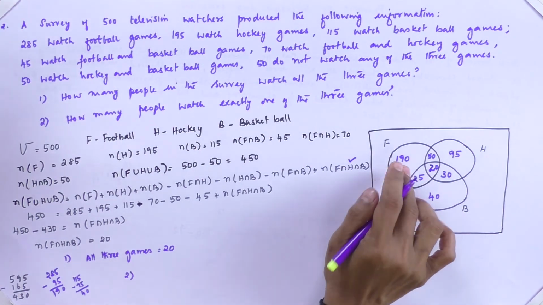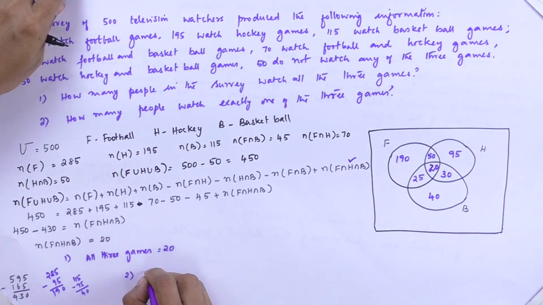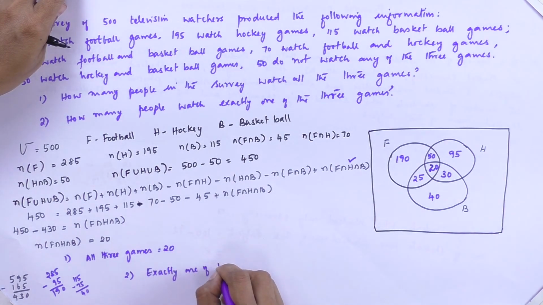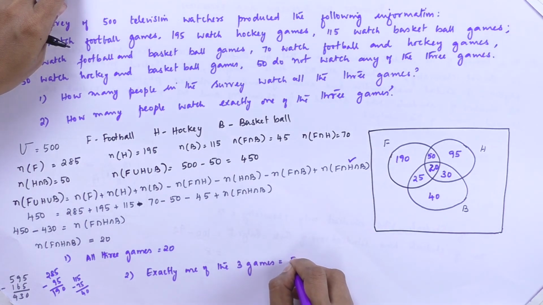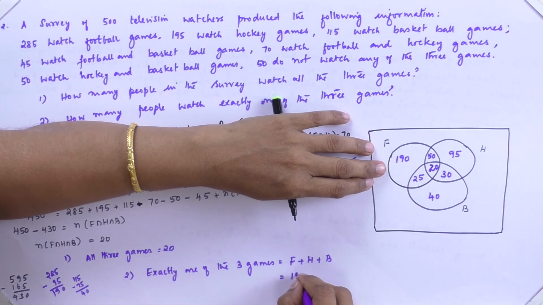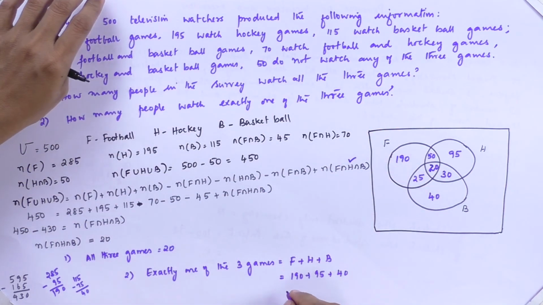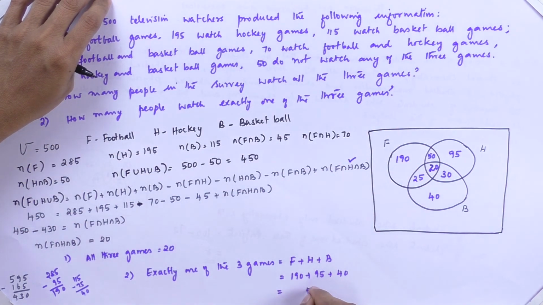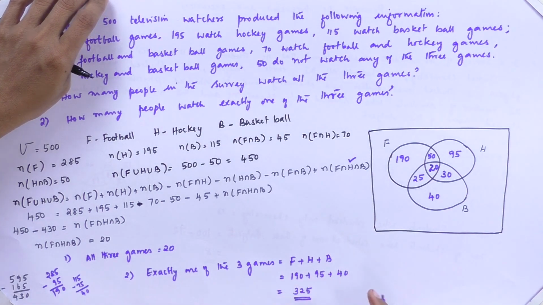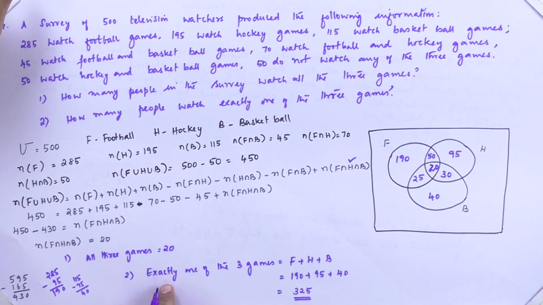That must be either football or hockey or basketball. So for football we have 190, hockey 95, and basketball 40. So the total is 325 persons who watch exactly one of the 3 games. Thank you.